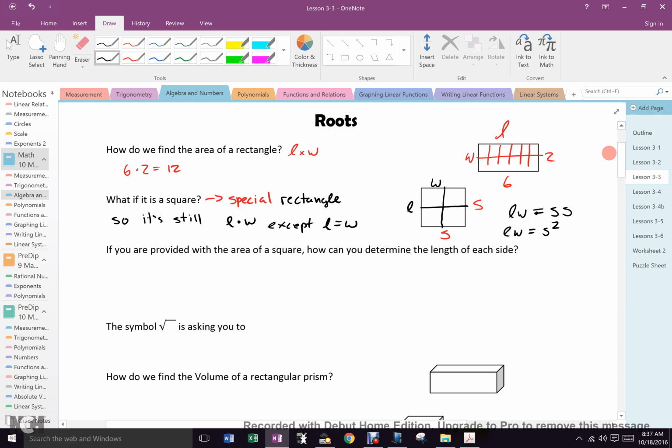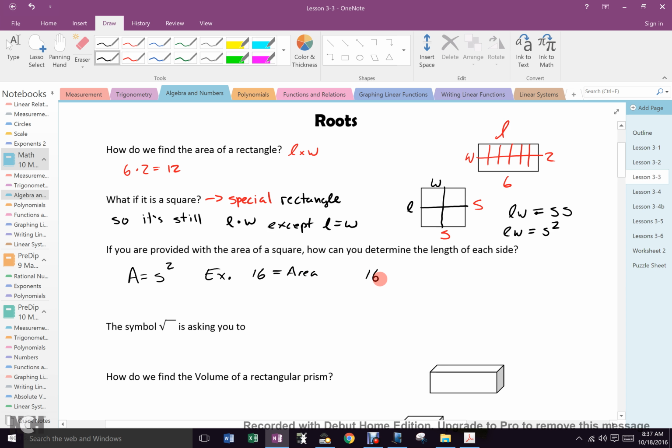Okay, so if you're provided with the area, how do you determine the length of each side? Well, if you're provided with the area of a square, you know that area equals S squared, right? So if you know the area, the example I'll give you, 16 equals area.